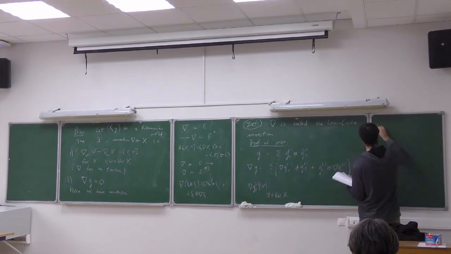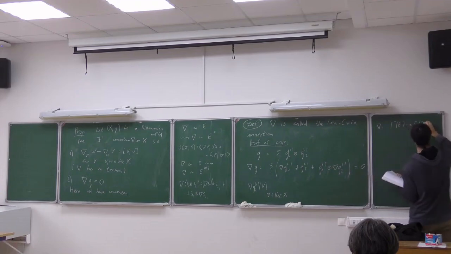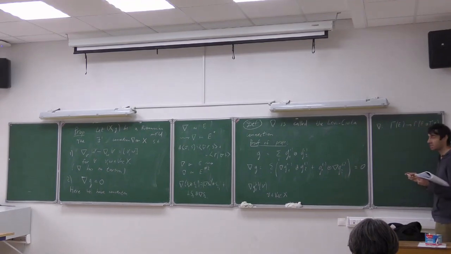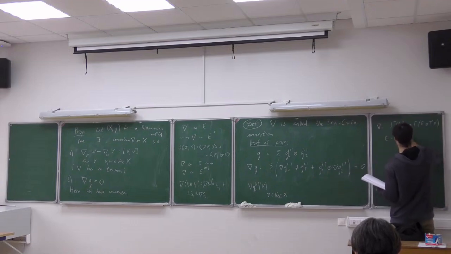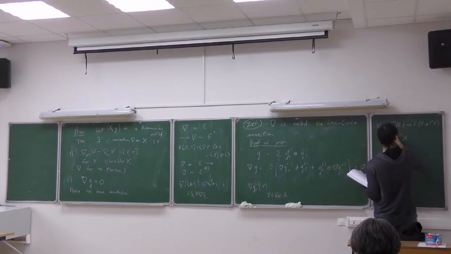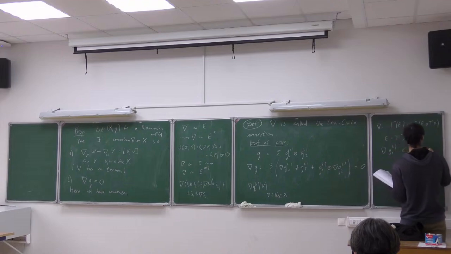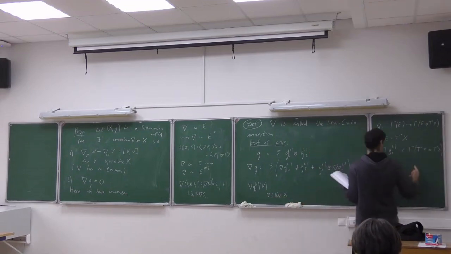So my nabla is a map from gamma of E to gamma of E tensor T star X. In this case, G1 is a section of E, which is T star X. So nabla of G1I lives inside gamma of T star X tensor T star X. And then this V I can put inside this component or inside this component.